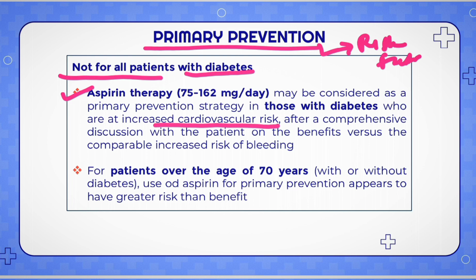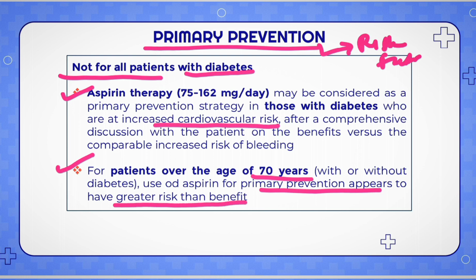However, in a patient with age more than 70 years, the use of aspirin as a primary prevention method can be a little dangerous, as it carries greater risk compared to the benefits in such patients.